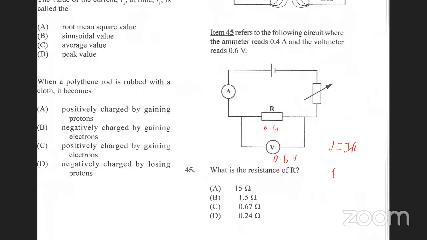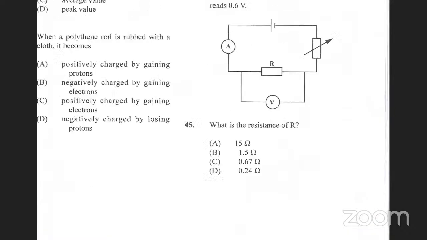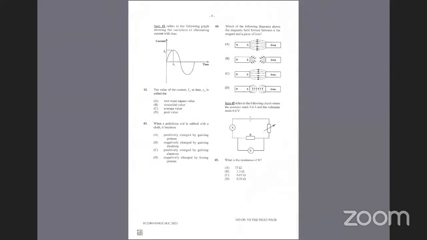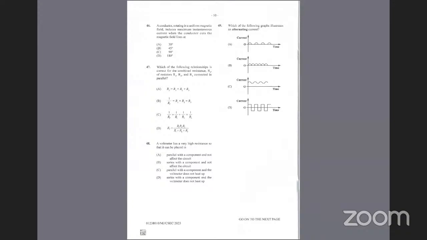So they want the resistance: 0.6 over 0.4. That will cancel, so you'll get 6 on 4, which is 3 on 2, which is 1.5.